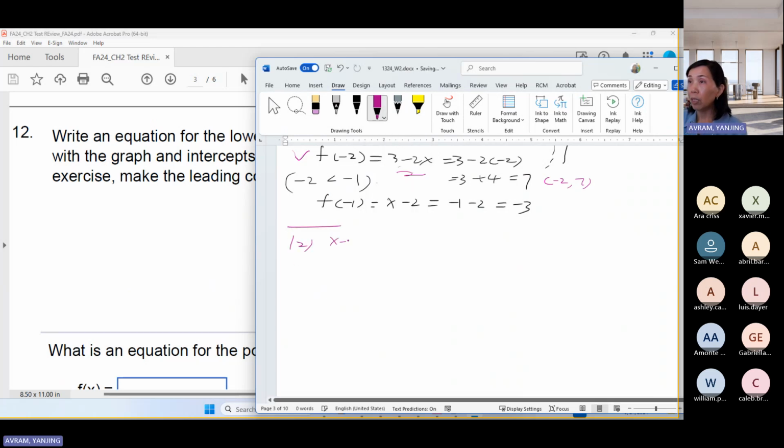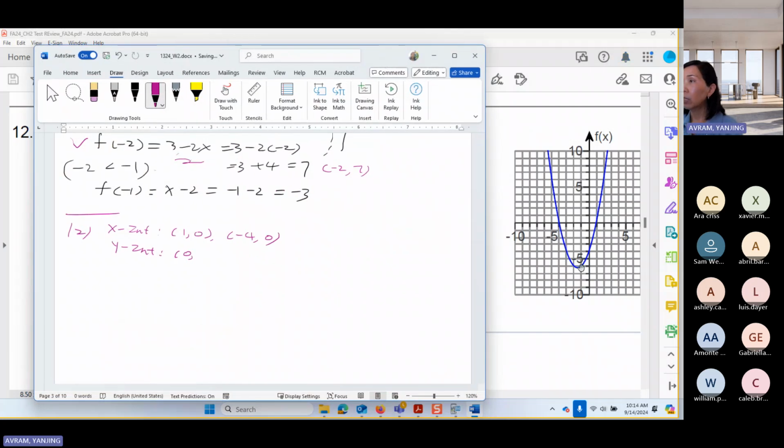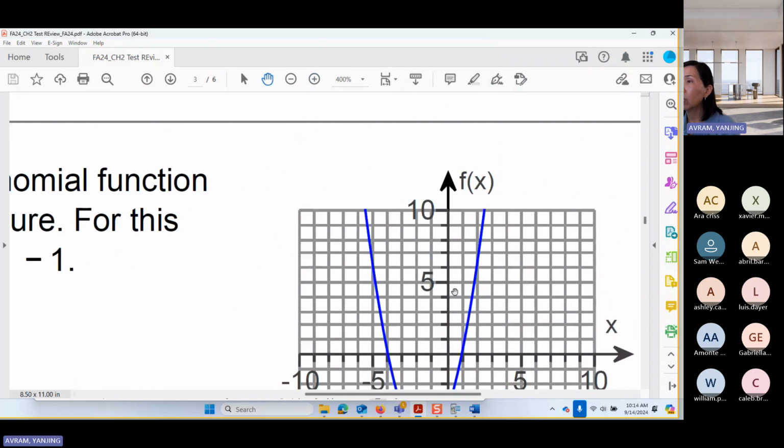All right, so we have an x-intercept and then we also have a y-intercept. How much is that? We said earlier this is negative 4. Let me just make sure we got it right.